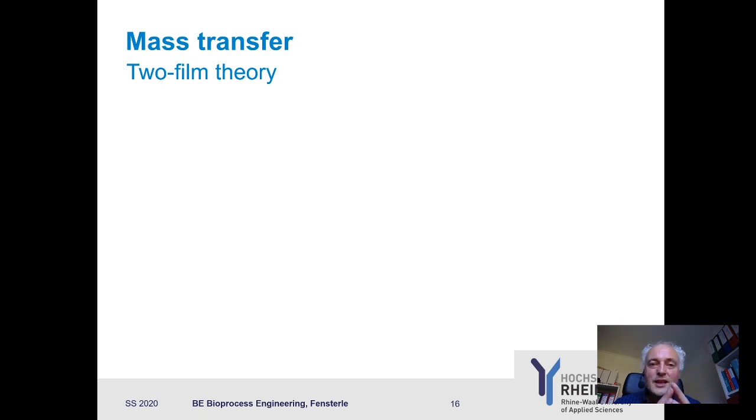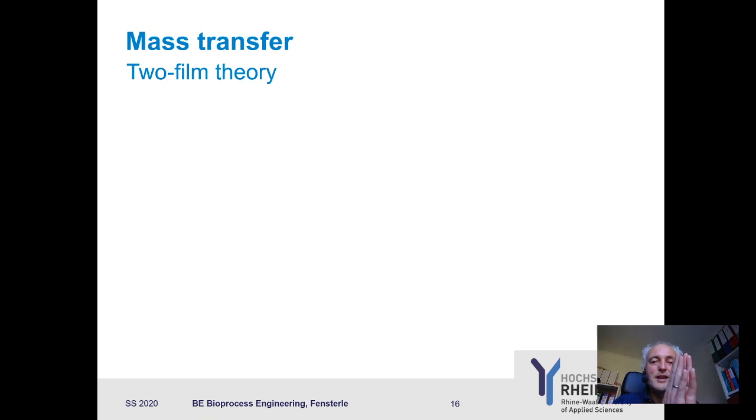However, if I go very close to this phase border, it's clear that there are forces on the surface of this phase border which don't allow, let's say, the stirrer power to get there. So it's like there is a film on the phase border, and this is called two-film theory. I will have a film on the phase border because the particles adhere there, and the closer I am to the phase border, the stronger this is.